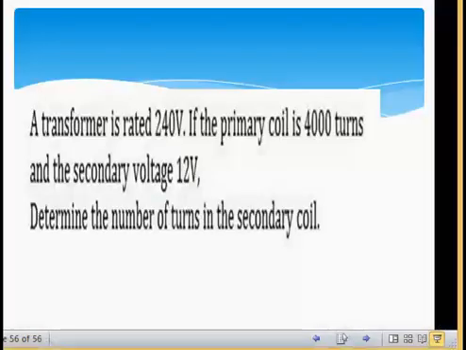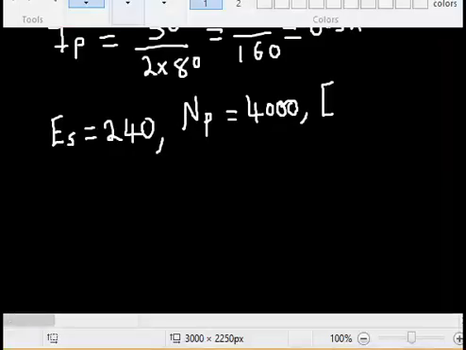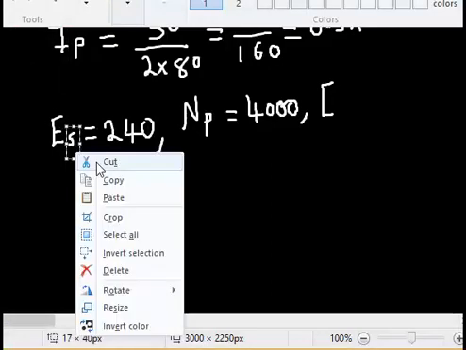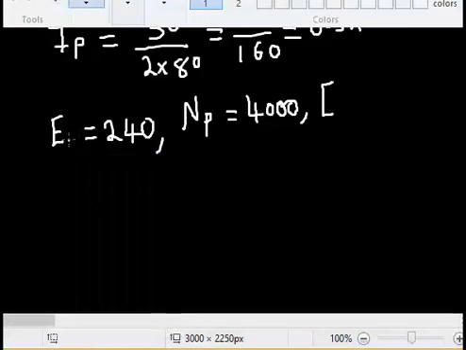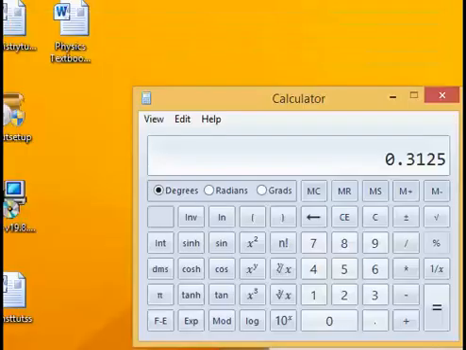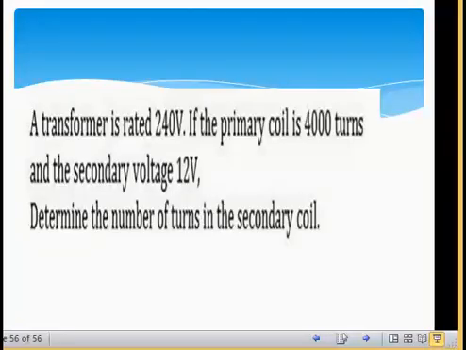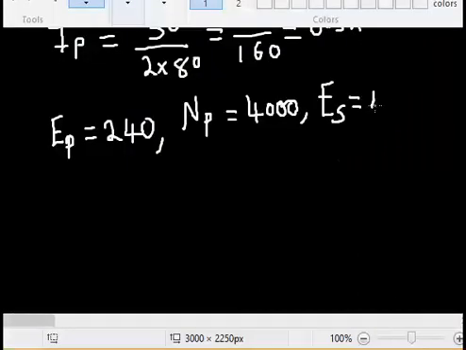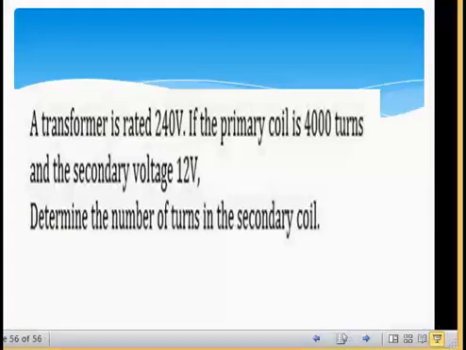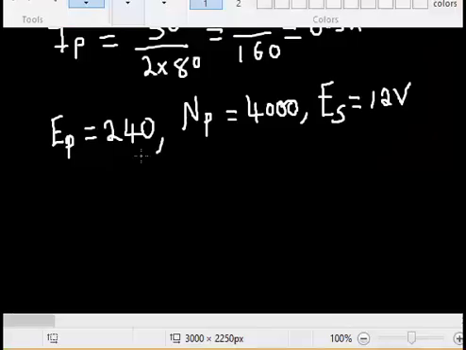Yes, the rating of a transformer is the amount of voltage it can take. That should be the primary voltage. All right, please pardon me. So the secondary voltage is 12 volts. So that's a step down transformer, 12 volts. Okay, so determine the number of turns of the secondary.